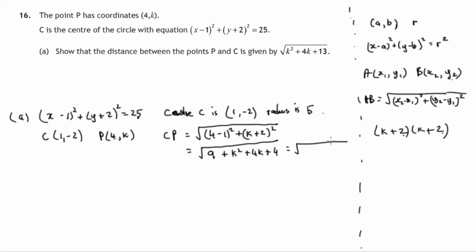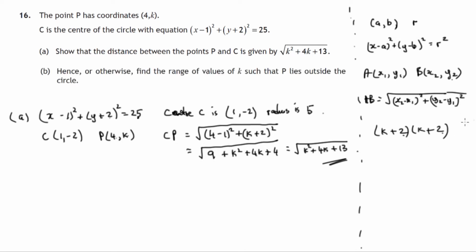So we get the square root of k squared plus 4k, and 9 plus 4 gives us 13, as required. So that was part A. We've shown that the distance from C to P is that.